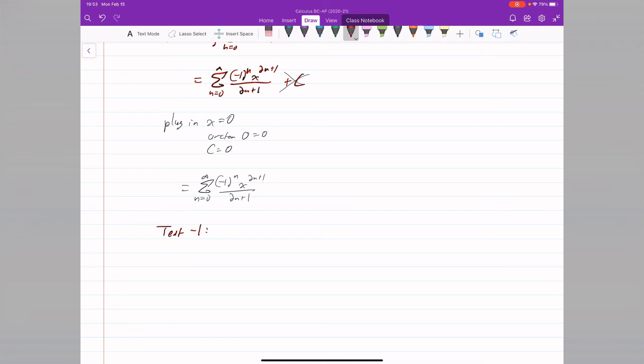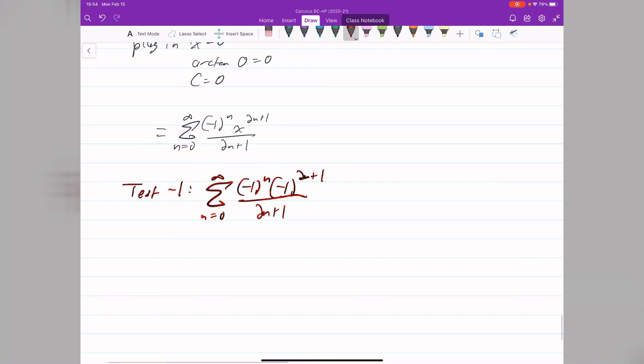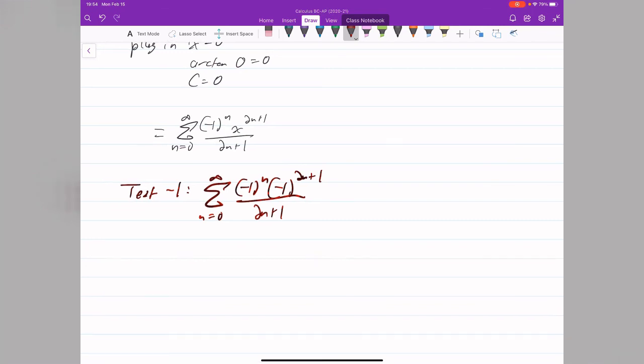So we're going to test -1 and I'm going to plug -1 in. I get the sum from n equals 0 to infinity of -1 to the n times -1 to the 2n plus 1 over 2n plus 1. This takes some good mathematics to figure out what's happening with this. What I know is that this is the same as the sum from n equals 0 to infinity of -1 to the 3n plus 1 over 2n plus 1.